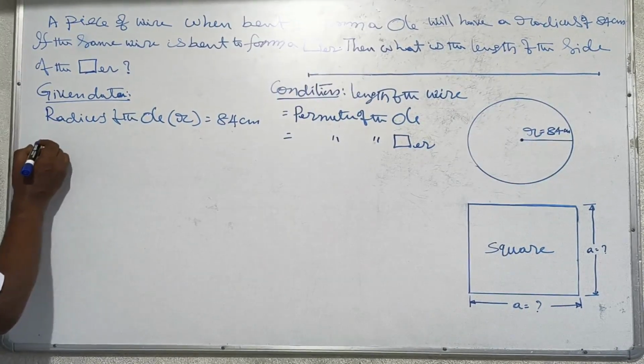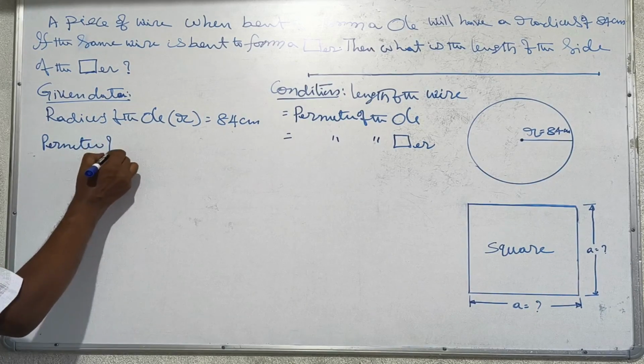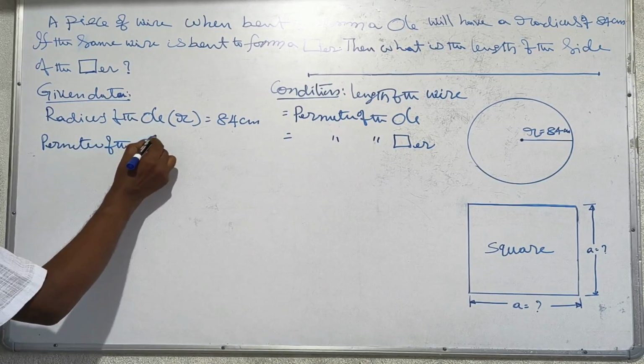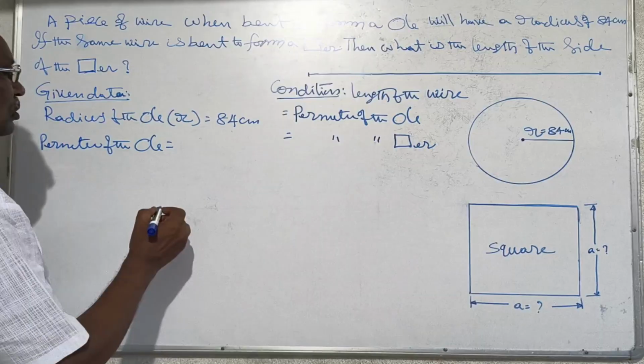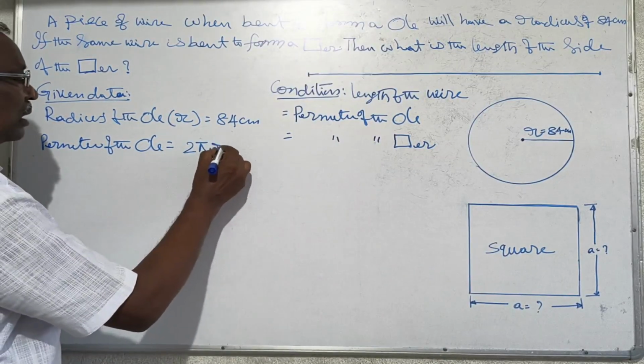Now, the circumference of the circle, the perimeter of the circle, is equal to, what is the perimeter of the circle? 2 pi r.